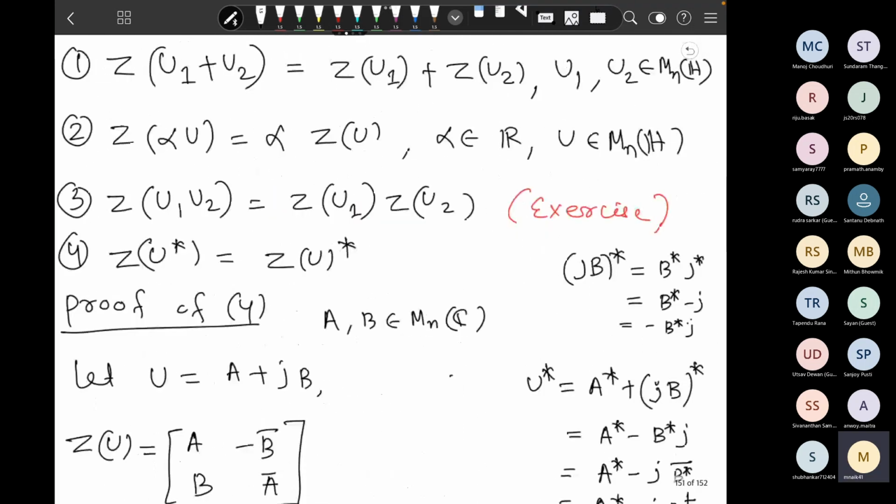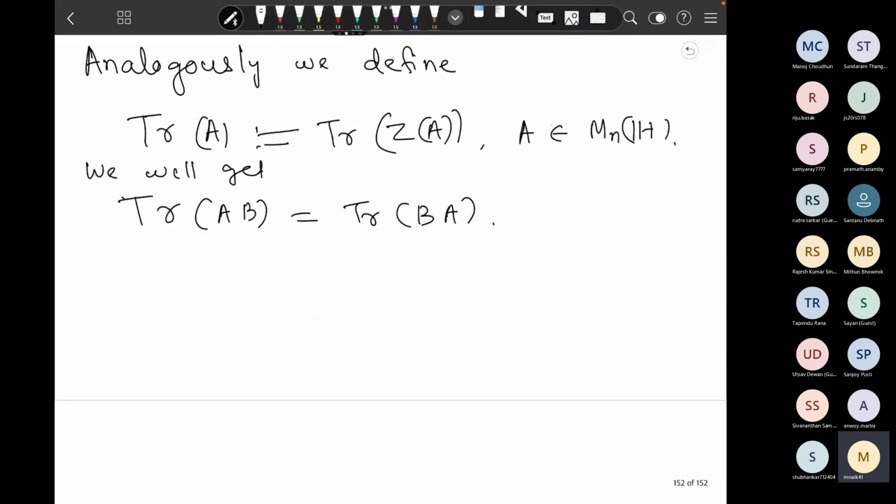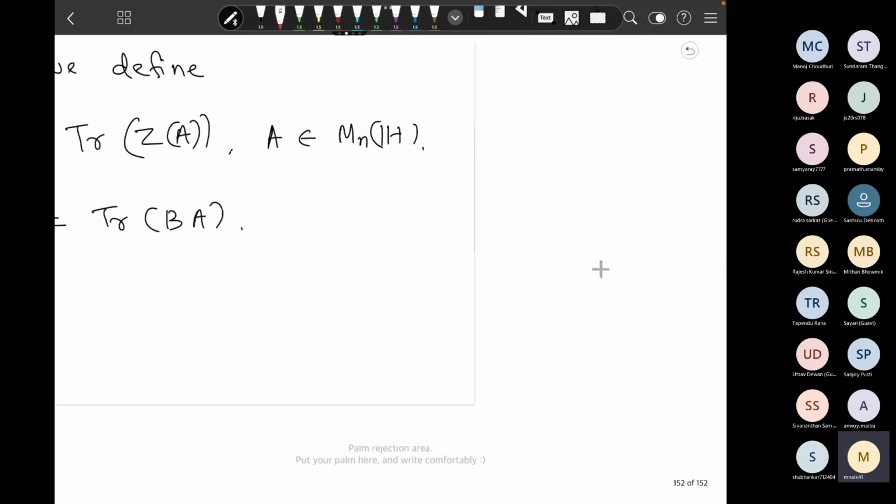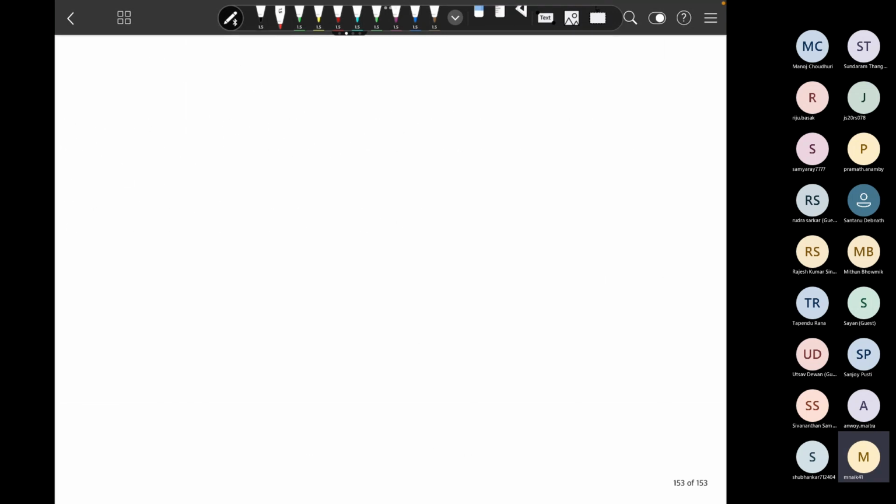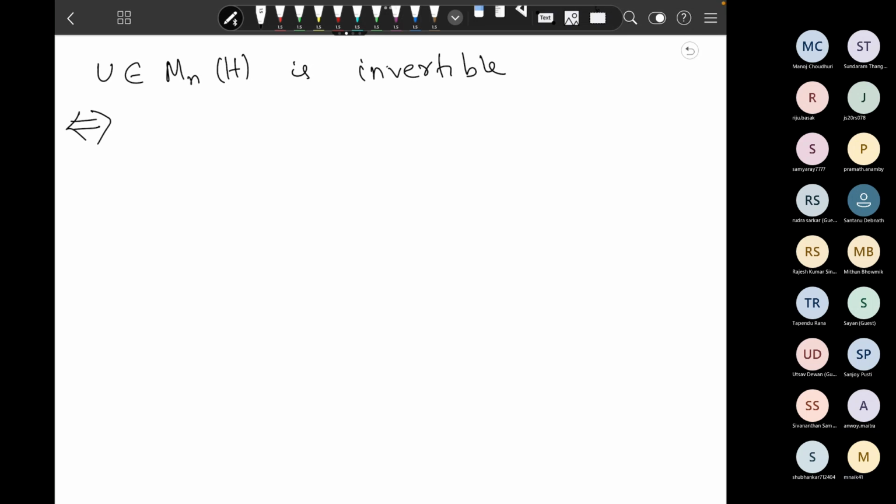So now, you have seen that, let U belong to MNH be invertible. This implies that ZU is invertible.